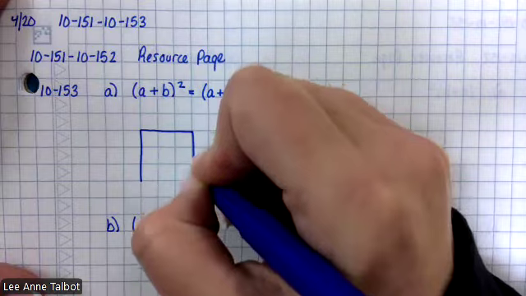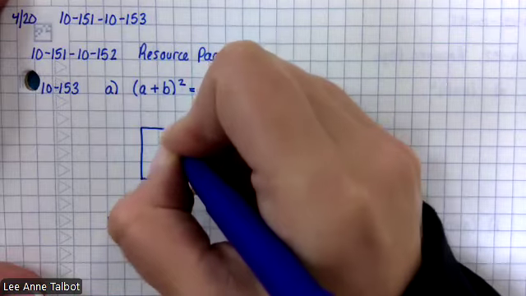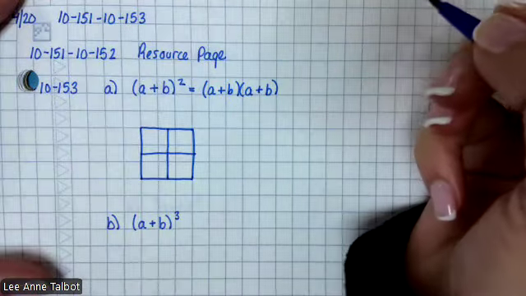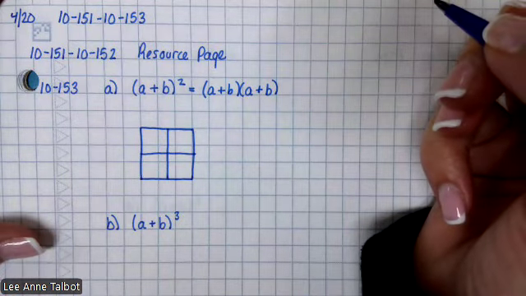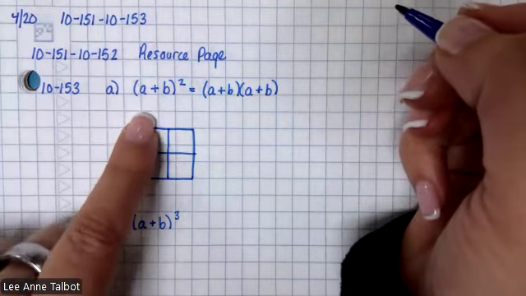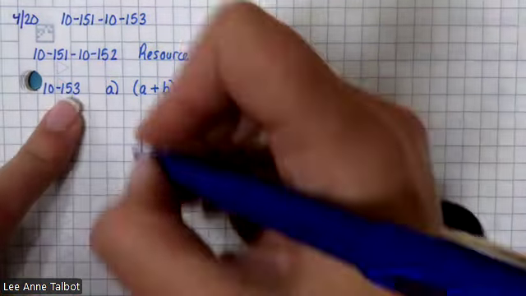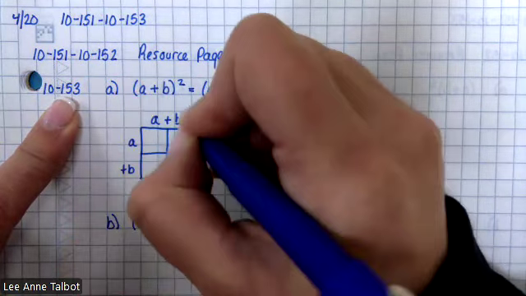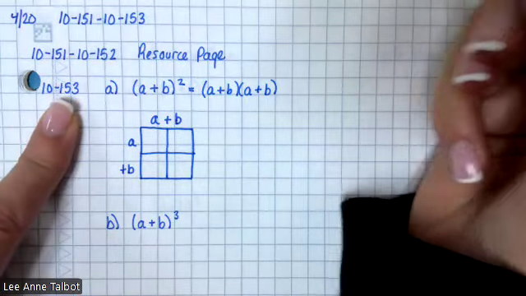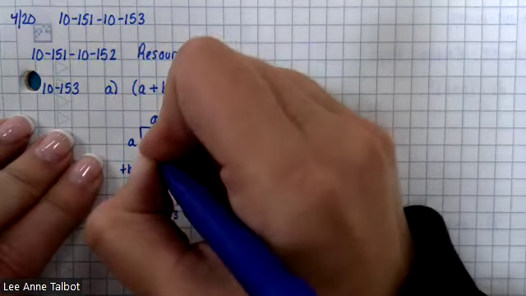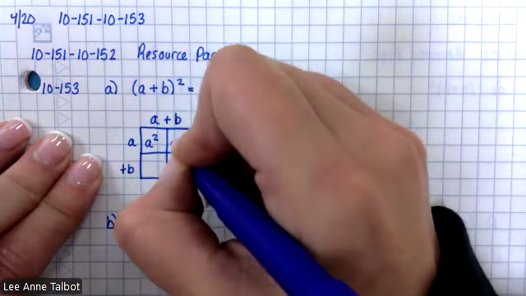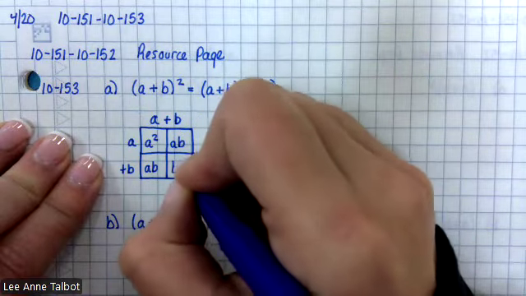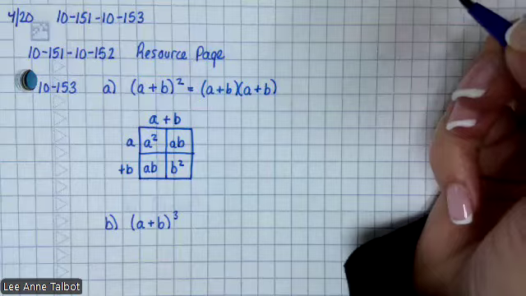Okay, so just pretending you're in Math 1, adorable little Math 1 student, (a + b) squared. Mrs. Talbot's going to want me to make a box with the same thing on the top as on the side, because that represents (a + b) times (a + b). A squared, a times b, a times b, b squared.